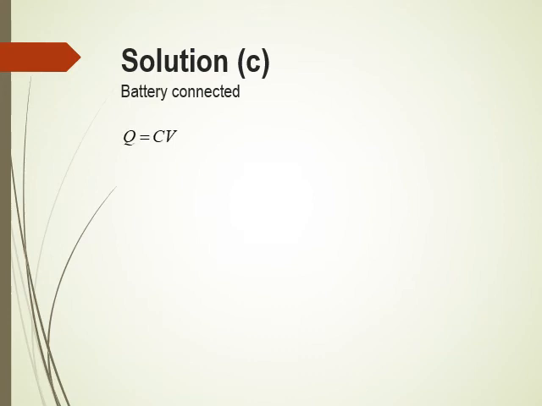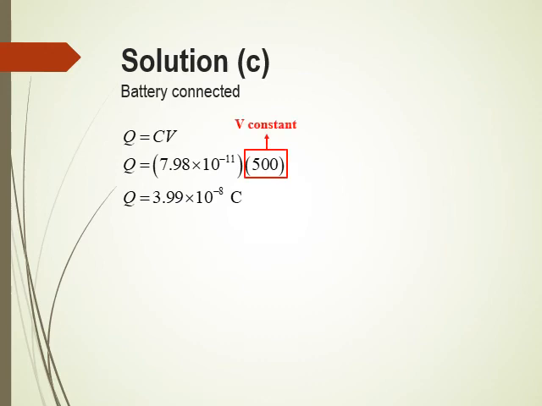So Q equals CV, substitute the values into the equation, and you will get Q equals 3.99 times 10 to the power of negative 8 coulomb. As you can see right here, I'm still using 500 for V because from the term battery is connected, we know that V is constant.